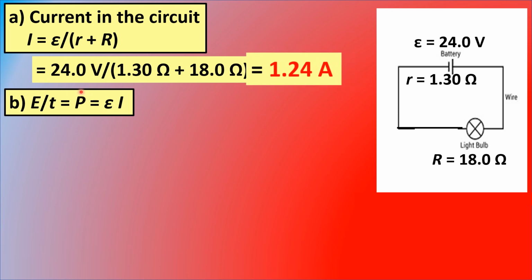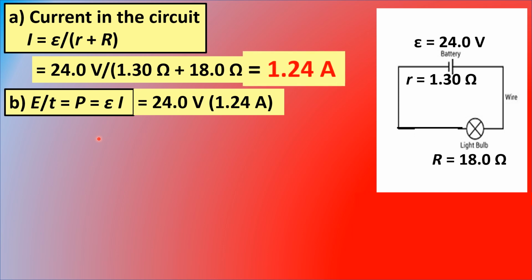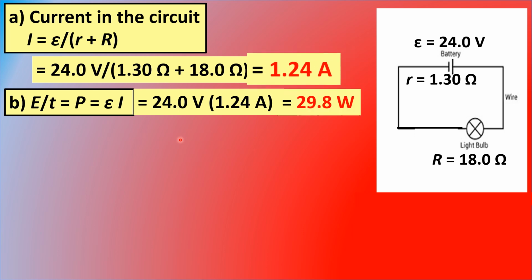And that power is just equal to the product of the EMF and the current I. Substituting, we have 24.0 volts multiplied by the calculated current, 1.24 amperes, and we get the answer equal to 29.8 watts.